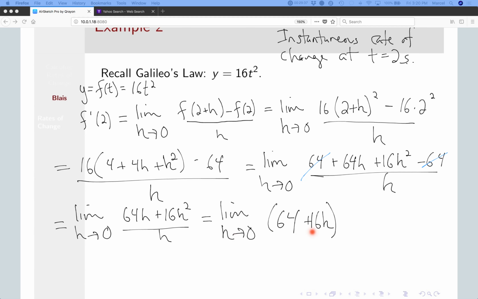Now, evaluating this limit, this 16h will go to 0, and we get an answer of 64. And so we know, again, this is going to be, in this question, feet per second. This means at 2 seconds, the rock that we dropped is traveling at exactly 64 feet per second.